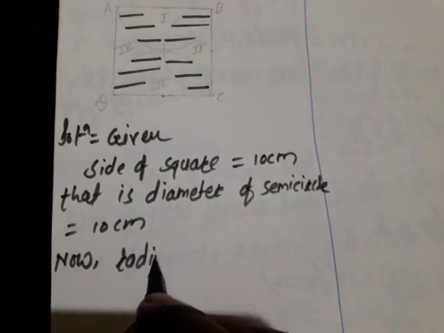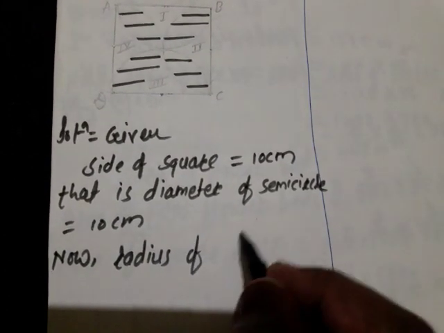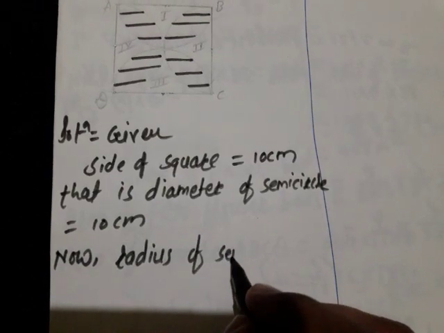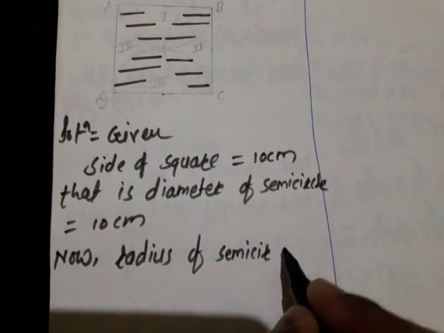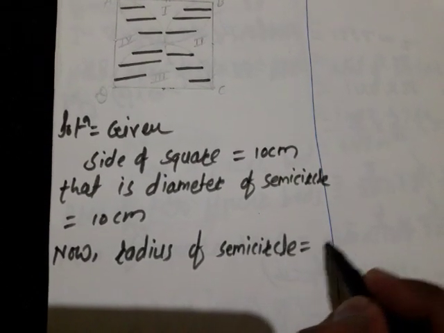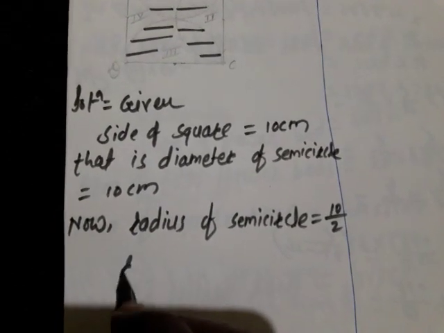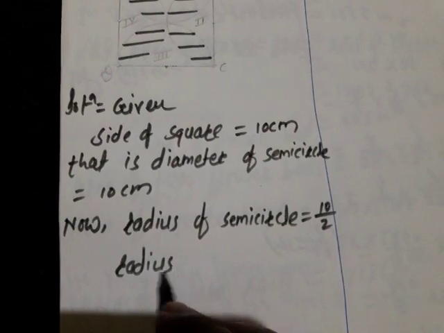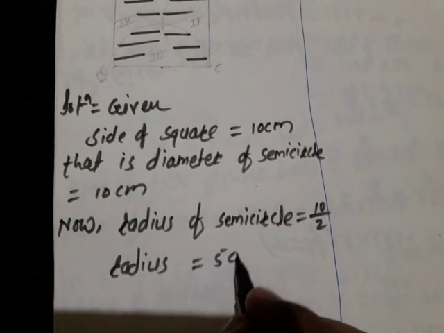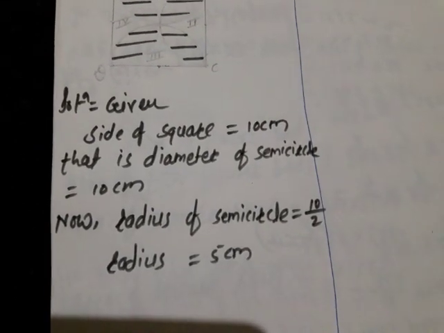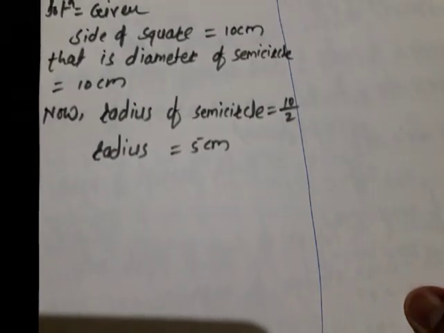Now, radius of semicircle is equal to diameter divided by 2. What will you get for the radius? 5 centimeter. Do you understand? We will get 5 centimeter here.